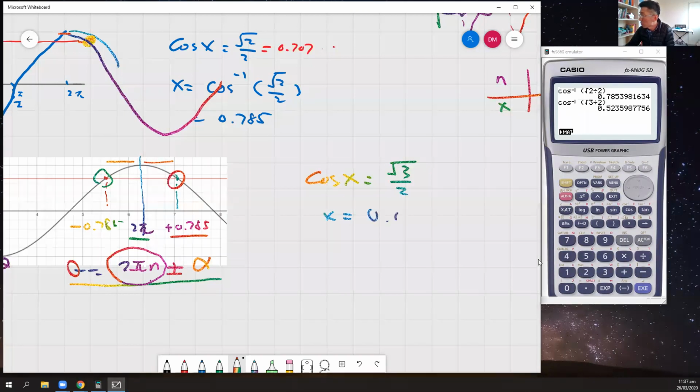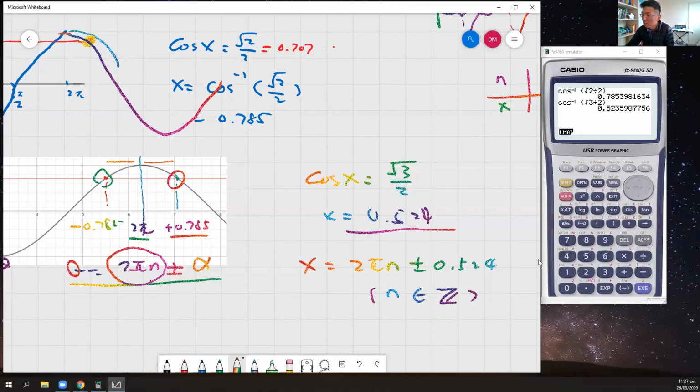That gives you 0.524, something like that. So that gives you one solution, and then the general solution will be x equals 2 pi n plus and minus 0.524, where n is an integer. That's it.